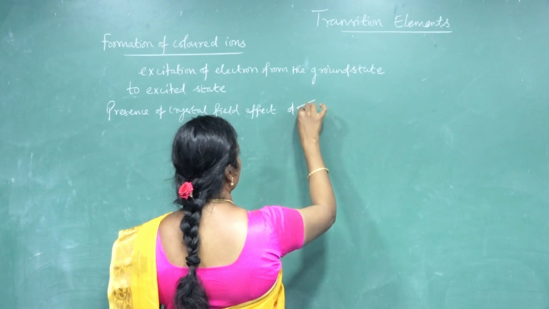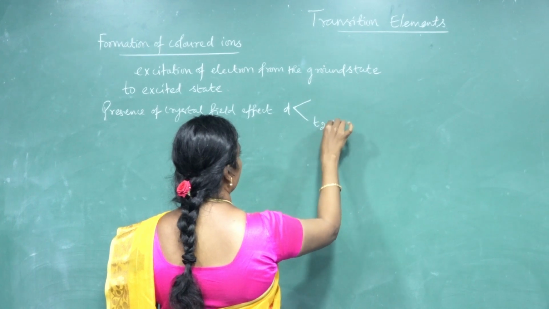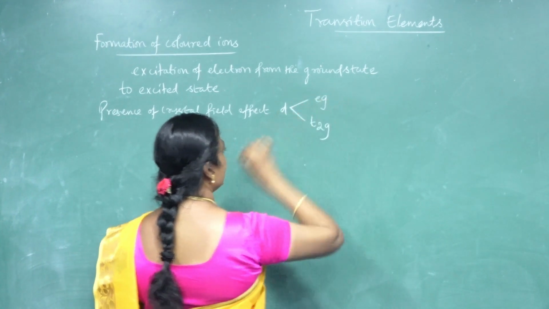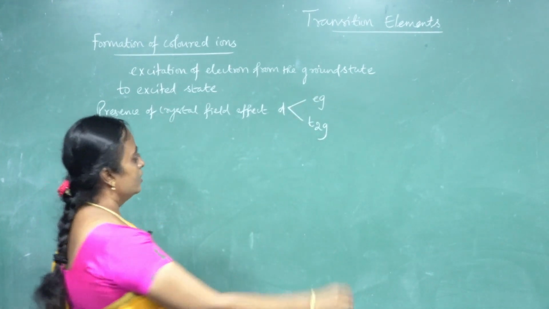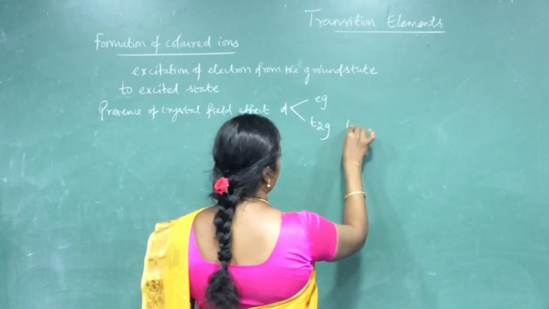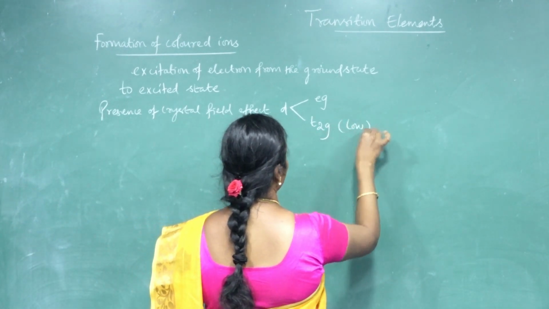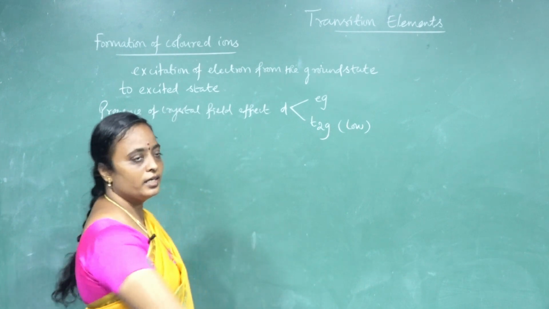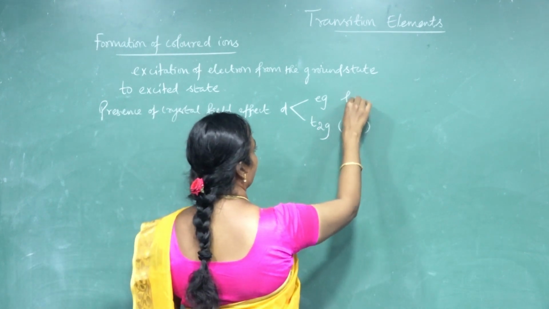One is the t2g level and another one is the eg level. The t2g energy level is the low energy level and the eg energy level is high.